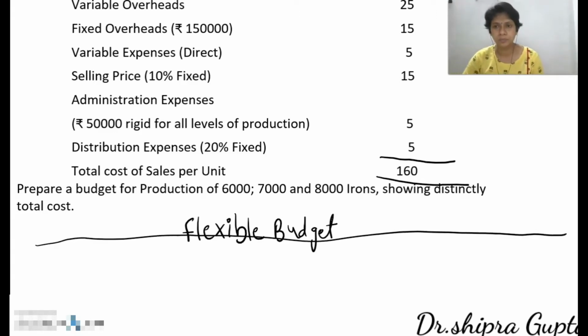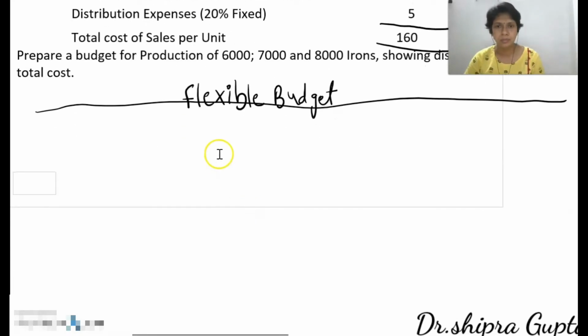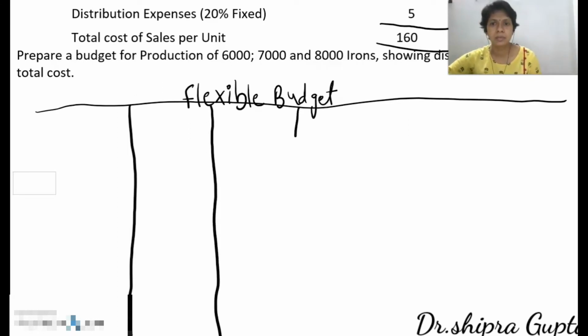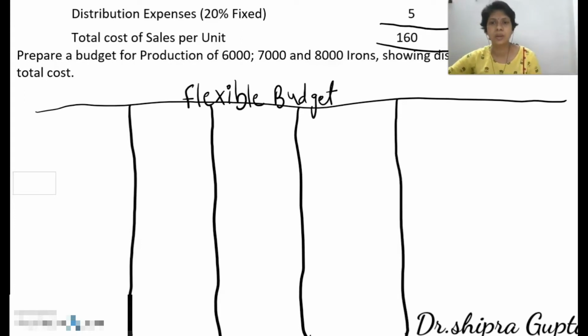We have taken the first column for particulars or information, this column for 6,000 irons, this column for 7,000 irons, this column for 8,000 irons and the last column for 10,000 irons.